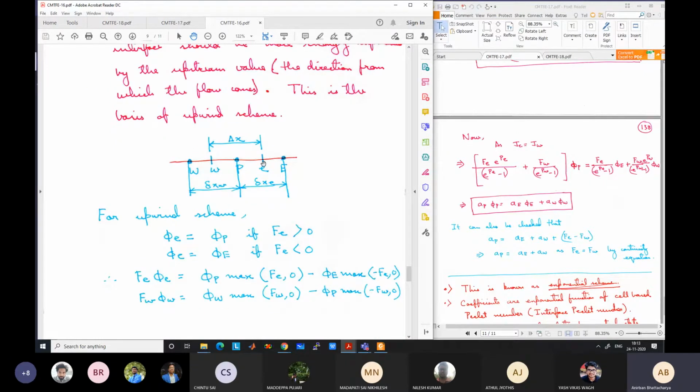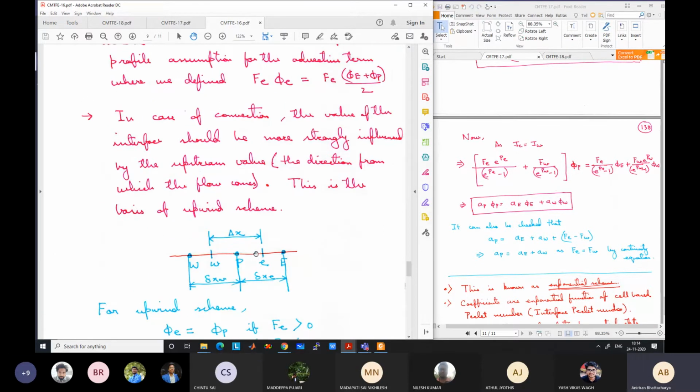Similarly, for the east interface, if the flow is coming from the left side, we take only the value of phi P, and if the flow is coming from the right side, we take only the value of phi E. So based on this simple idea, the scheme is developed.